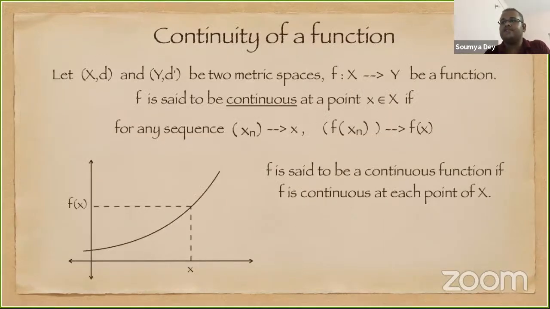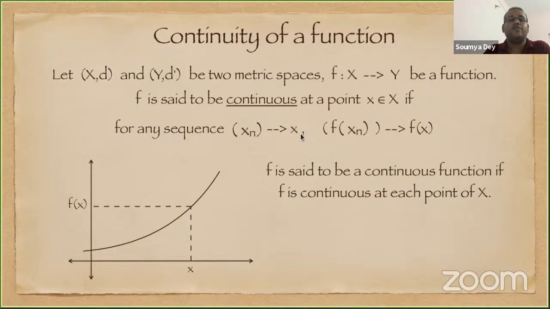The next notion, which we all know, is the continuity of a function. Okay. So you take some function between two metric spaces, say (X, d) and (Y, d prime), and then this function f is said to be continuous at some point x in capital X if for any sequence xn which is converging to x, the image of this sequence also converges to the image of point x, right?